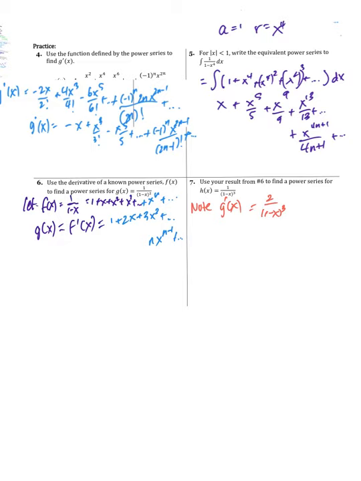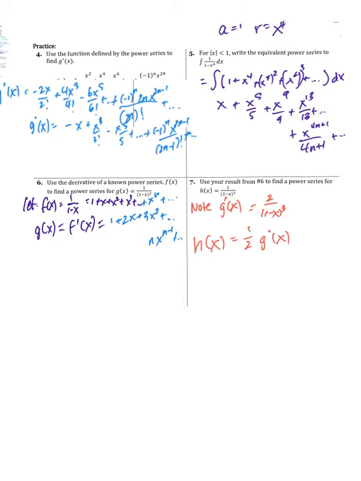Well, it would be negative 2, but then I would also multiply that by a negative. So now that my denominators are the same between g prime and h, I want to find a way to relate them. So h of x is really just the same thing as 1/2 of g prime of x.